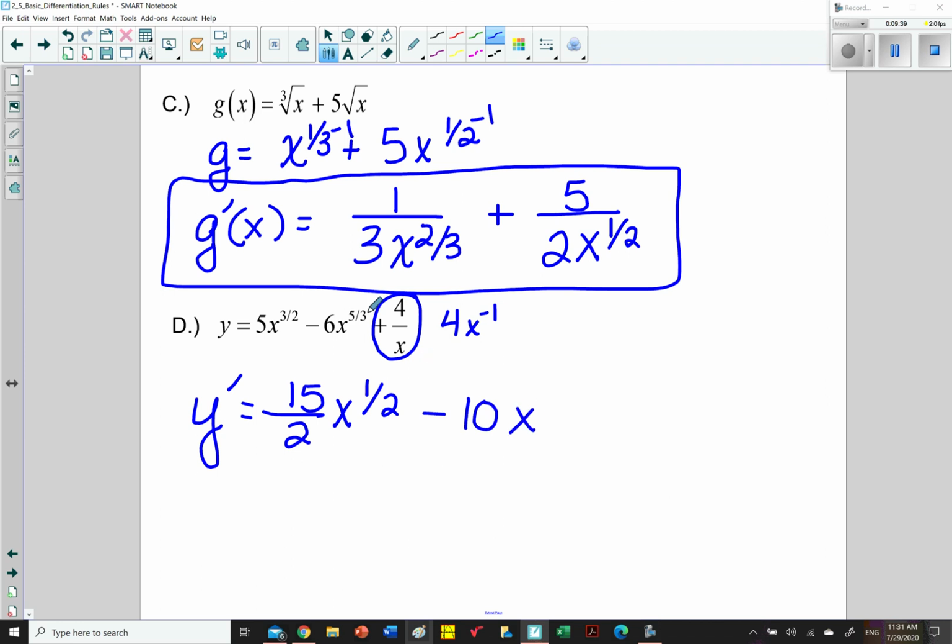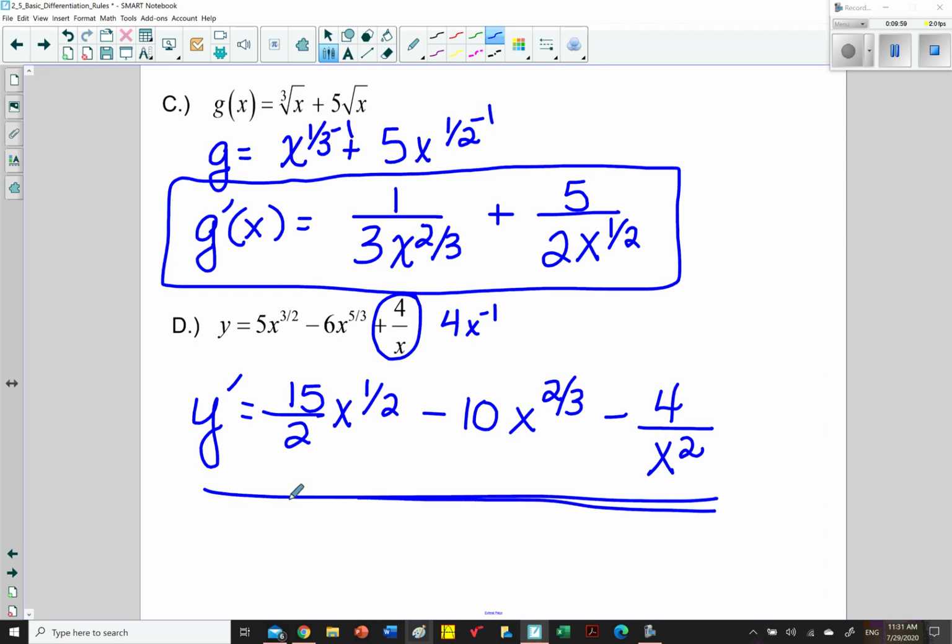And again, take 1 off of 5/3, so that's going to leave us with 2/3. And finally, 4 times negative 1 divided by x to the negative 2, which comes down here to be x to the positive 2. So those are derivatives of sums and differences.